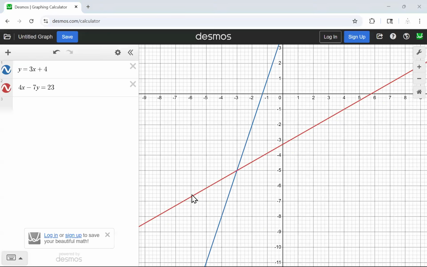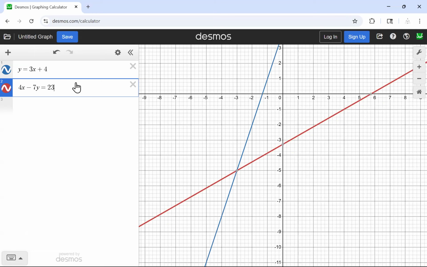So let's take a look at that graphically. Most times when we have two linear equations in two variables, we get a single point like we had in our case.